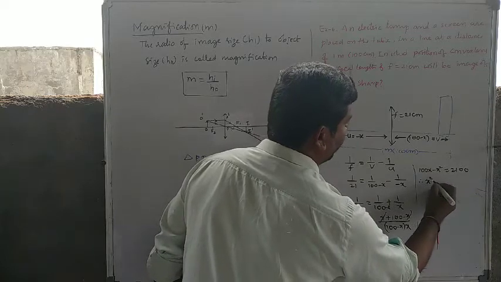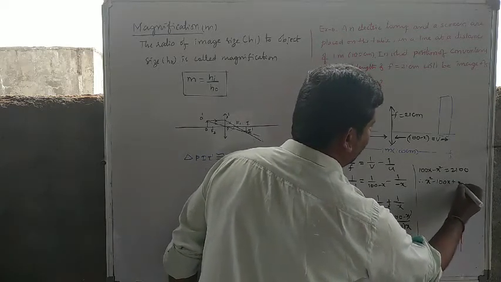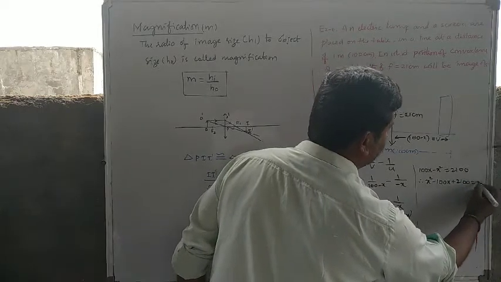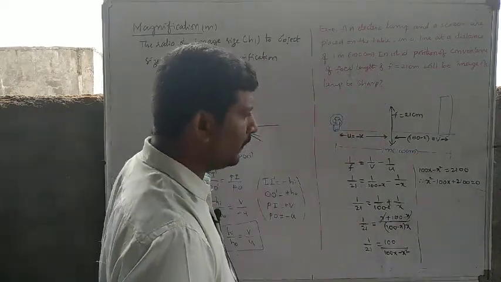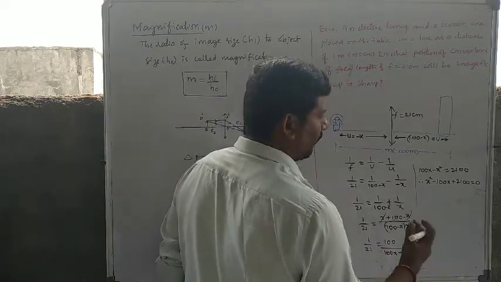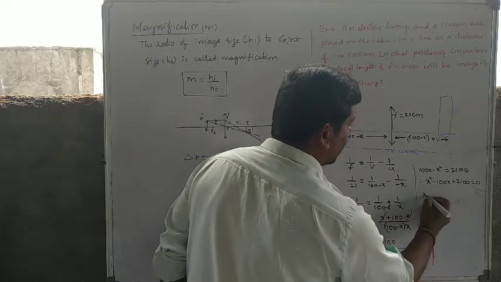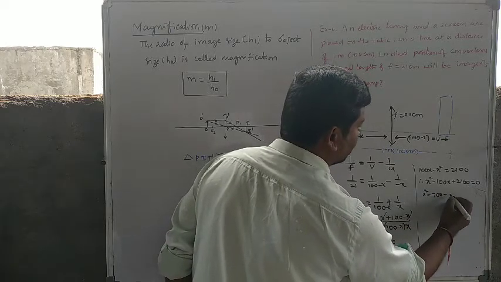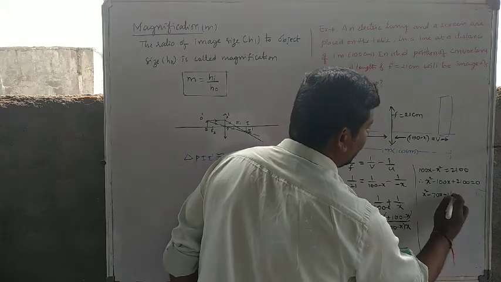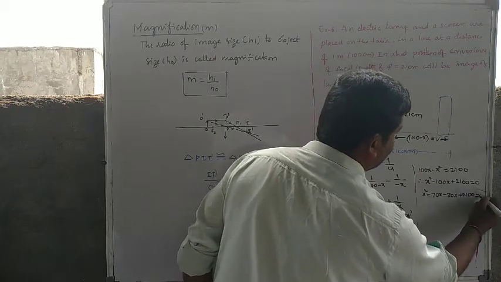Therefore x square minus 100x plus 2100 equals 0. We can factorize it. When we write in factor form, x square minus 70x minus 30x plus 2100 equals 0.